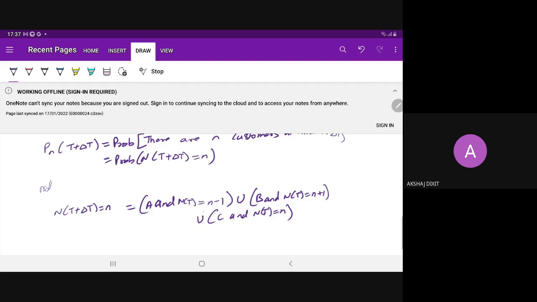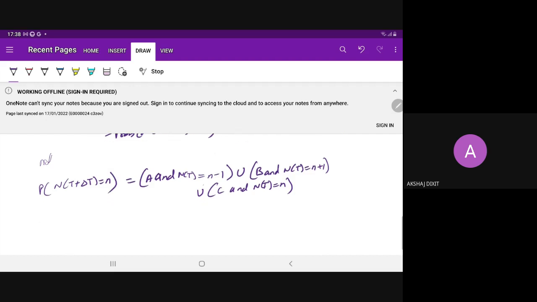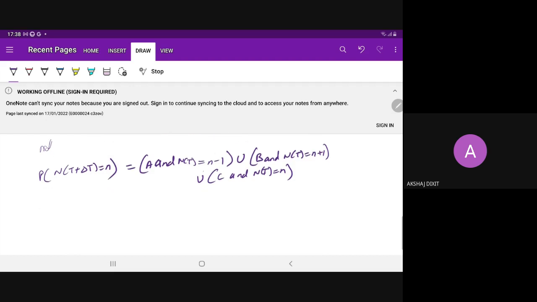We have this event, right? Now, if you want to compute its probability, you have to compute the probability of this.